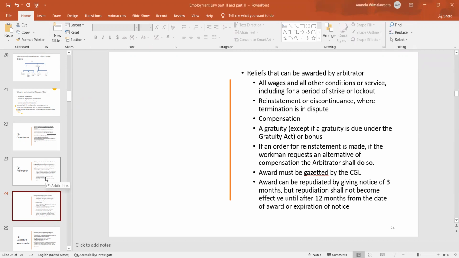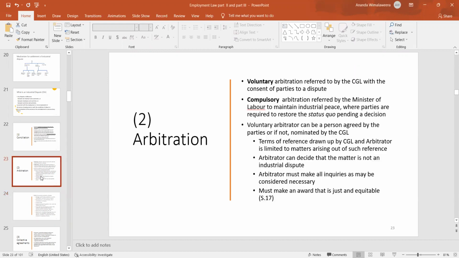Status quo, S-T-A-T-U-S, next word Q-U-O. Status quo, right? Pending a decision.